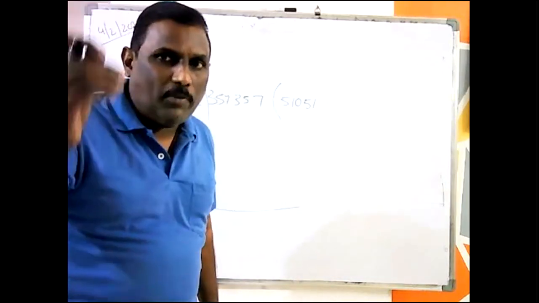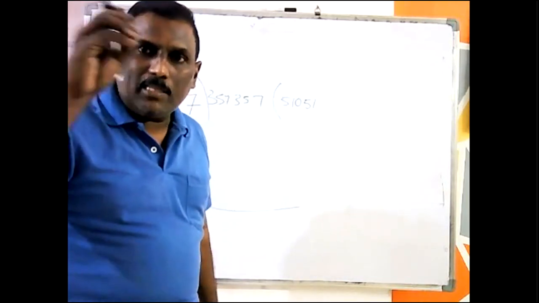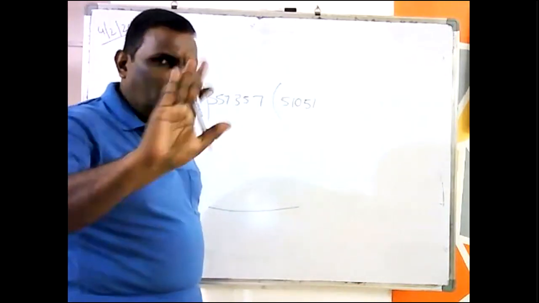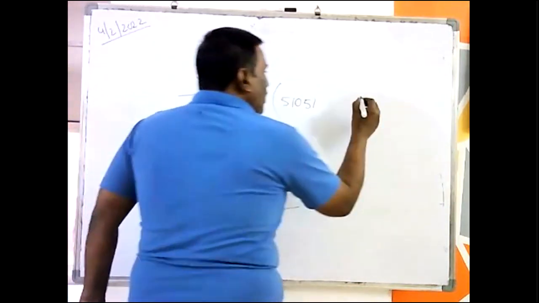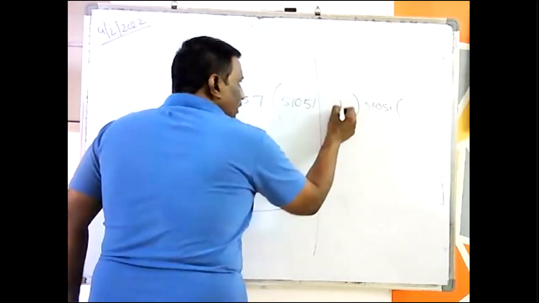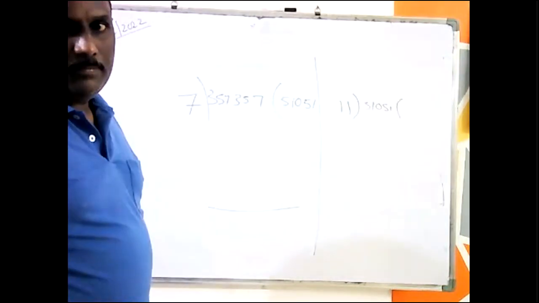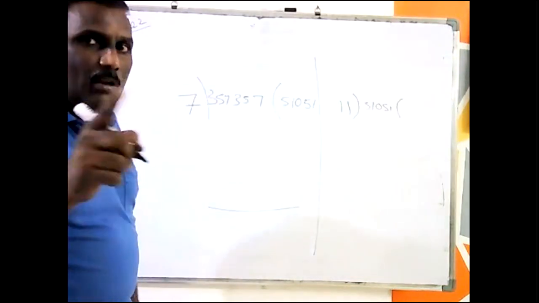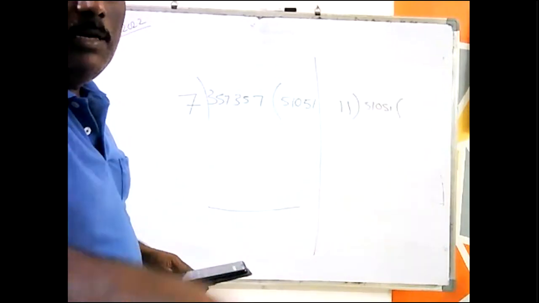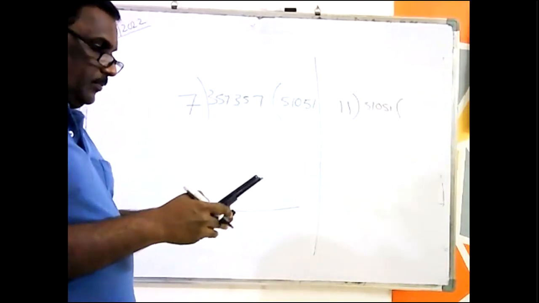You can ask your friends to assume a number, write the same number, ask them to divide by 7. They will get some quotient. They need not tell. Now the interesting rule is, whatever the quotient you are getting, that is divisible by 11. After 7, 11, they are called prime numbers. Whatever you are getting, that will be divisible by 11 for sure.